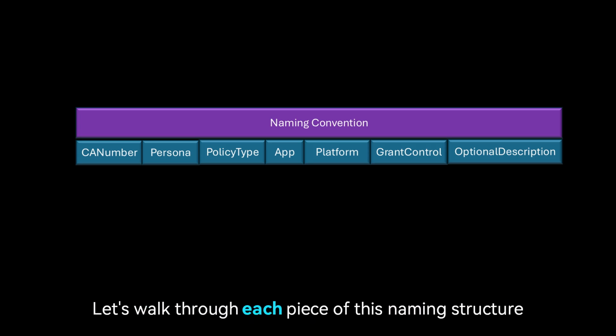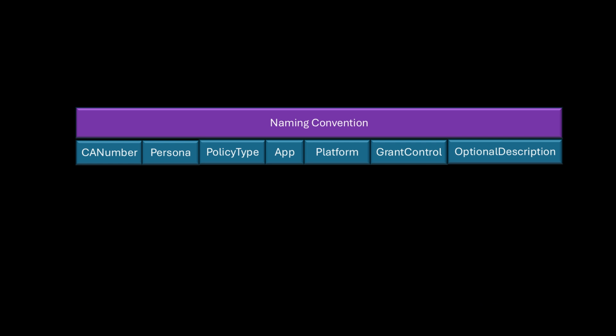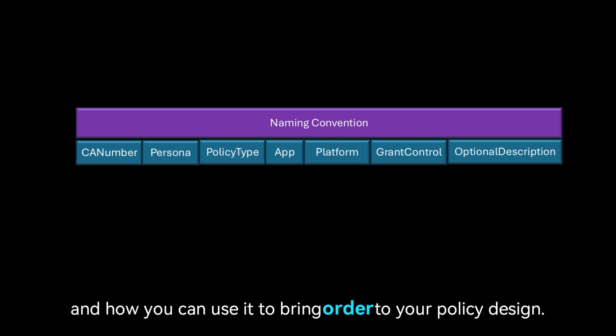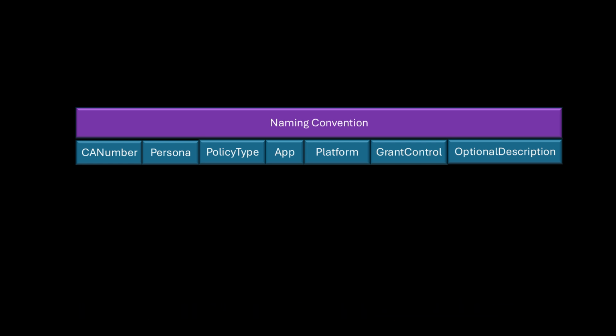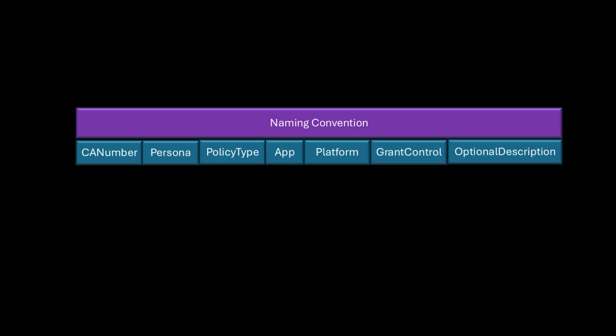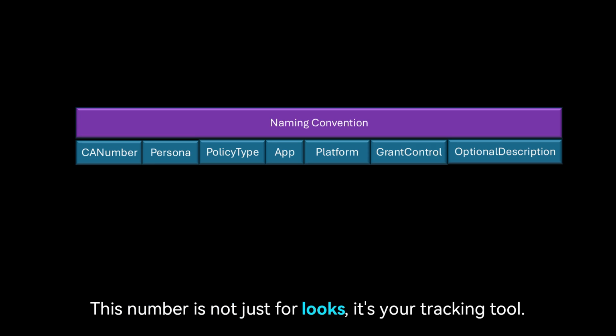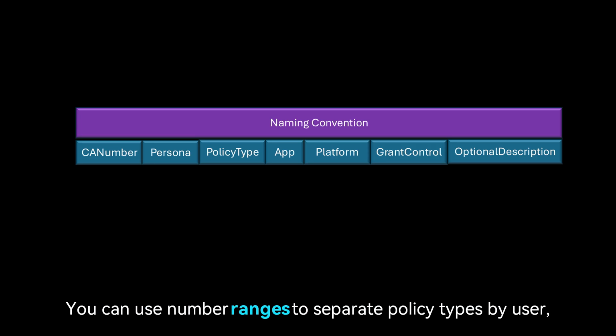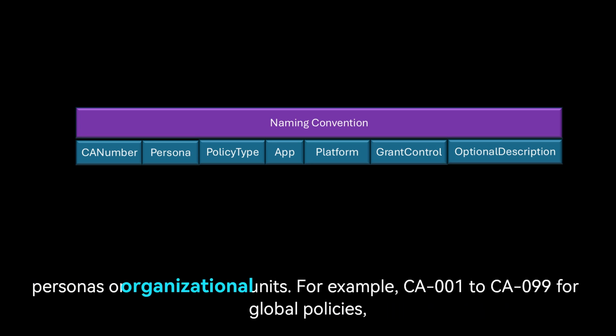Let's walk through each piece of this naming structure and how you can use it to bring order to your policy design. You start with a CA number to uniquely identify the policy and sort it by category. This number is not just for looks, it's your tracking tool. You can use number ranges to separate policy types by user personas or organizational units.